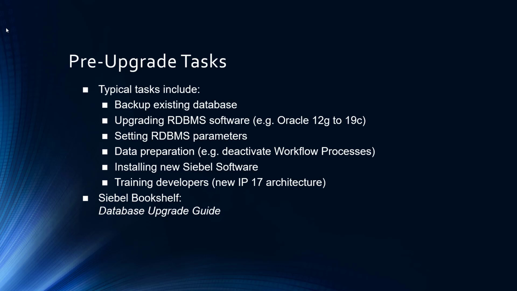And you want to be on a supported version of your database as well. So 19C, for instance, at the time of this recording would be the best option to have more years of support ahead of you. And Siebel 19 and subsequently 20 or any other version is certified on Oracle 19C.